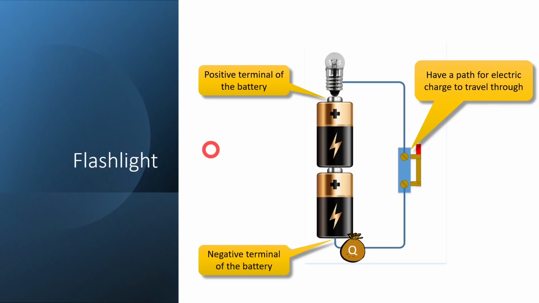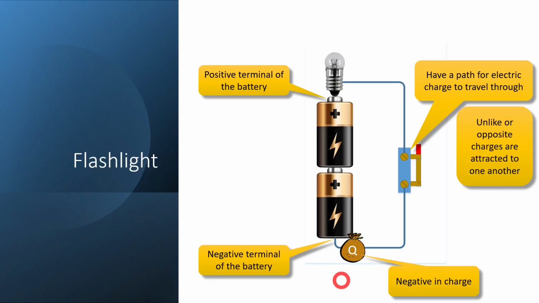And we know that these batteries have coulombs of charge in them. And when we have a completed path, what happens is this coulomb of electrons, which is negative in charge, is going to be attracted to the positive side, because we know from the study from Charles Coulomb that unlike or opposite charges are attracted to one another.